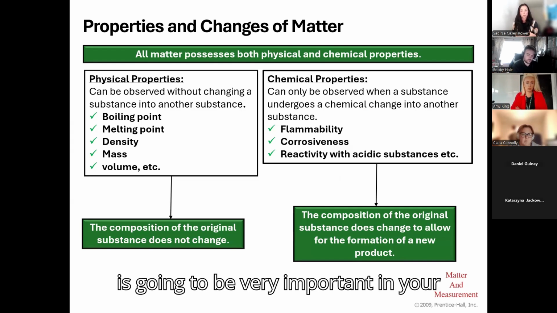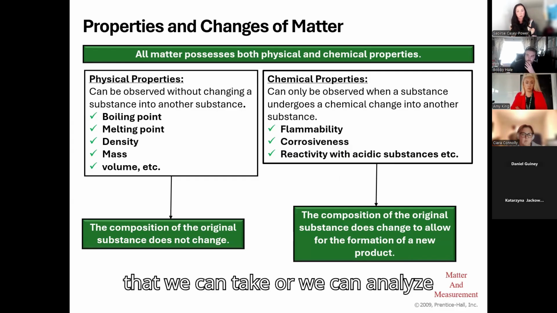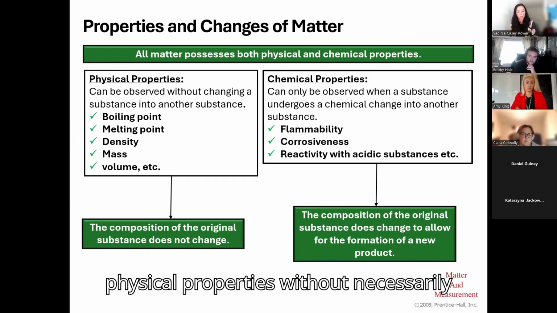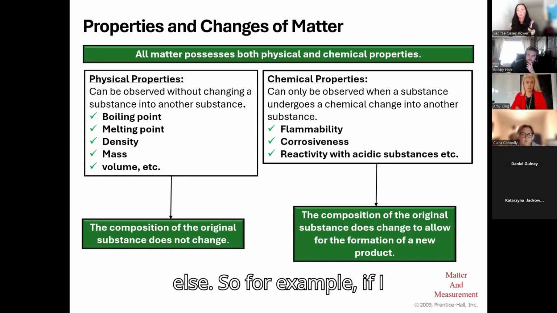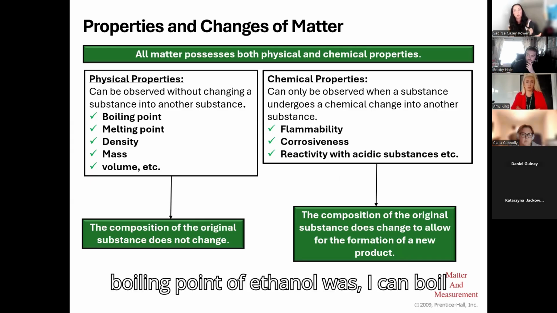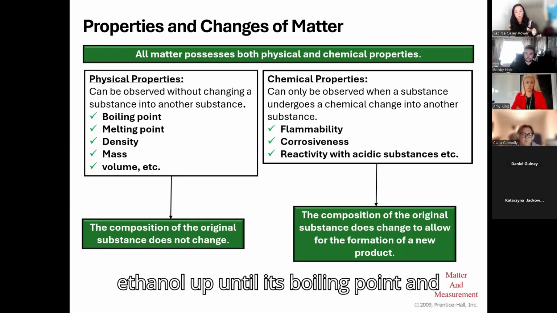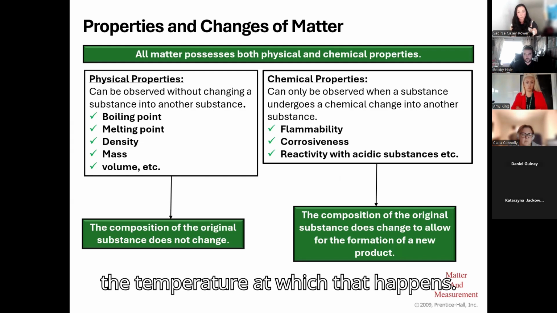So this is going to be very important in your labs, where we're looking at certain material that we can analyze for physical properties without necessarily changing that substance into something else. So, for example, if I had ethanol and I wanted to see what the boiling point of ethanol was, I can boil ethanol up until its boiling point and turn it into a vapor, and I can measure the temperature at which that happens.